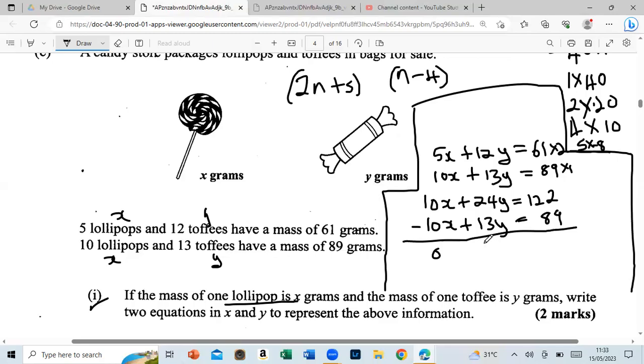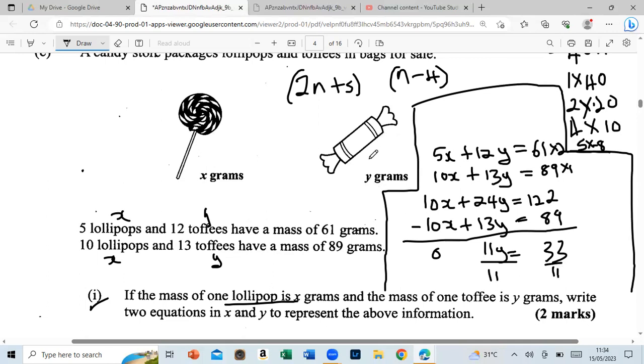Yeah, so this is 11y, and then 122 minus 89, which works out to 33. And we divide by 11. So therefore, y is equal to 3.